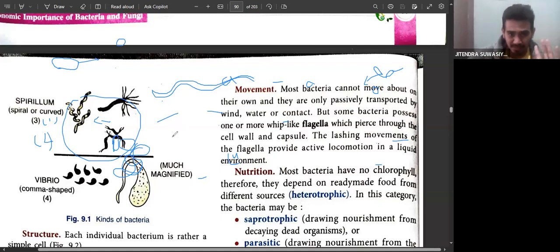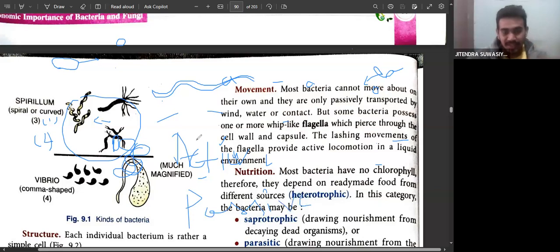So we have active transport and passive transport. So what is active transport and what is passive transport? In active transport there is a use of energy, like the organisms have to use their own energy for transportation from one location to another location, that is active transport. And in passive transport, there is no need for the organisms to expend their energy.